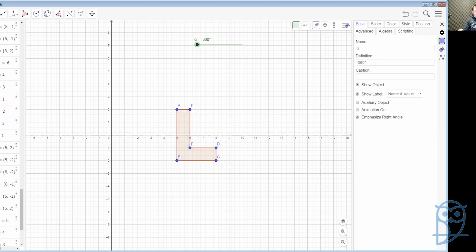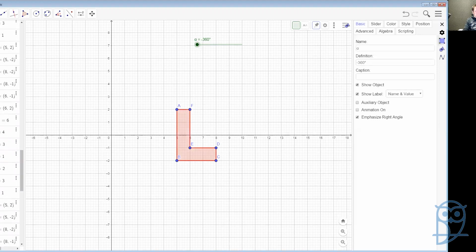All right. If we want to take it around, let's say point B, because point B is also quite interesting. So there's my shape, and I rotate it. Now we notice this is very different to how it was with point D. So this is your 90 degrees.